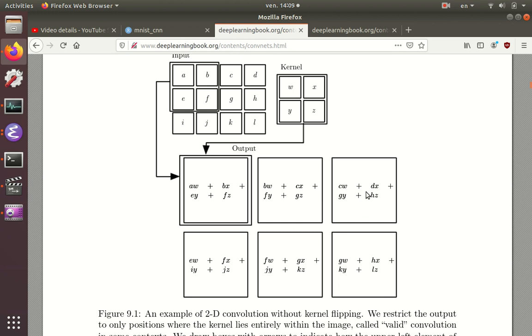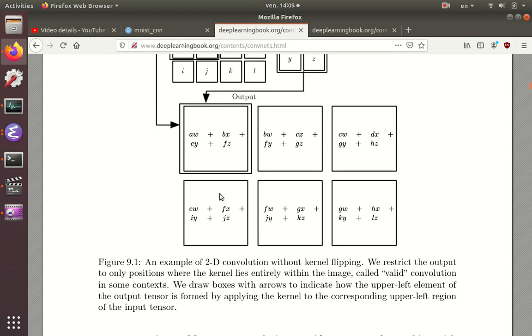So what we get finally is a bunch of output units, which are defined by applying the same kernel weights, sliding that kernel around to different patches in the image, and applying those same kernel weights to the different pixel intensity values in the different locations in the image.